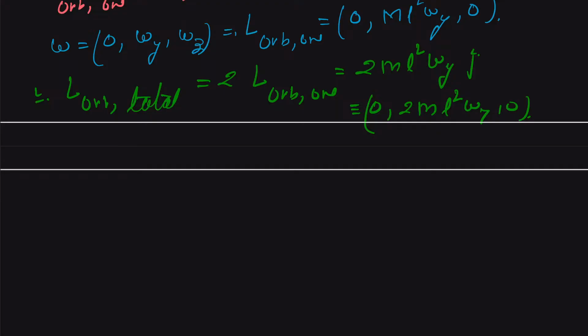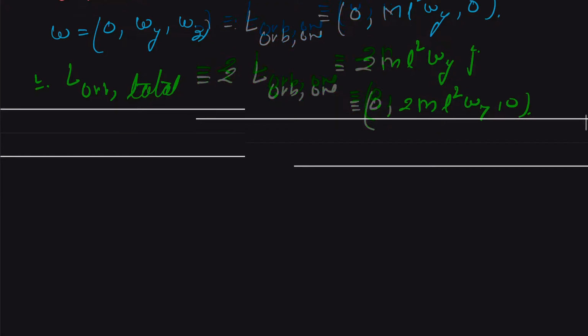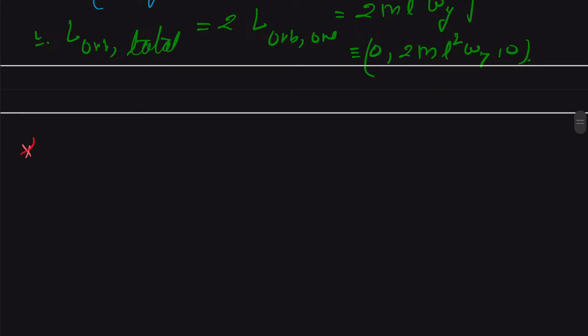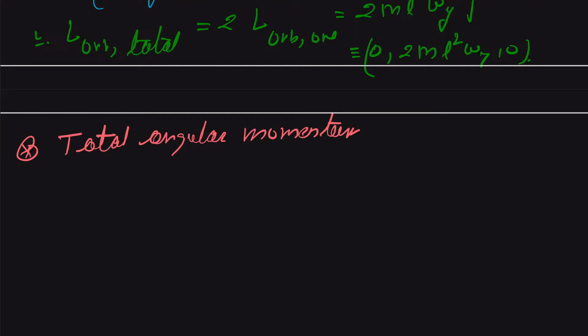Now the total angular momentum will be the orbital plus the spin. So our total angular momentum L will be equal to L spin total plus L orbital total.